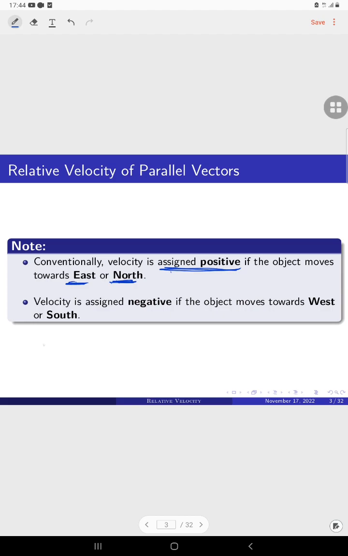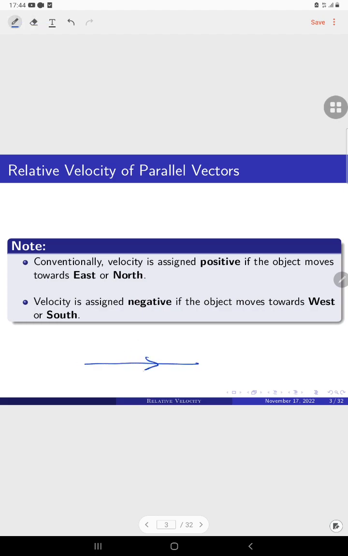So anytime you have parallel vectors moving this way, their velocities are positive. Let us take note of that, as we will be using it in our calculations. Then negative, when the bodies are moving south or west.